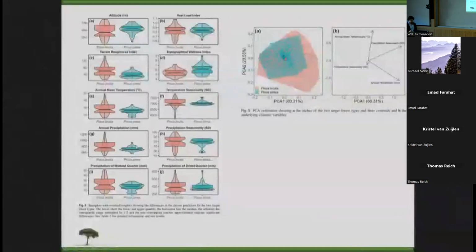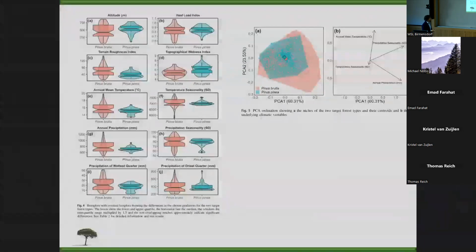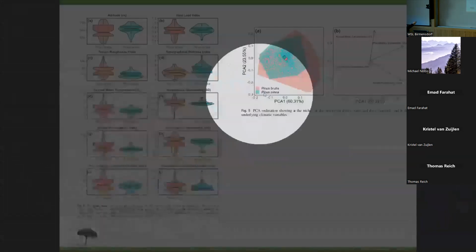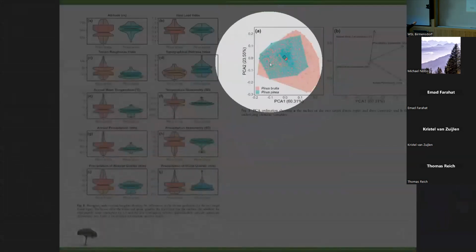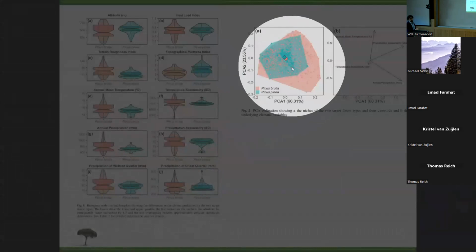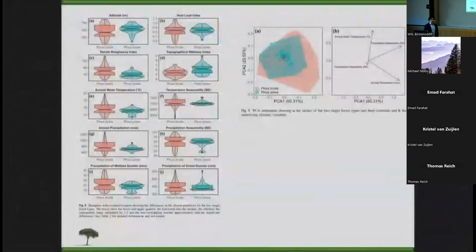So there is actually not much difference in climatic variables that can explain this non-homogeneity of the distribution. And also, when you see the niche of the two species, they are overlapping. So there was something more to explain these differences.